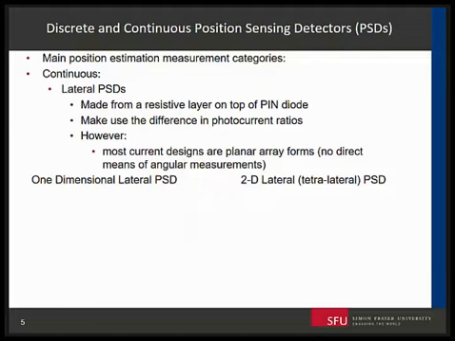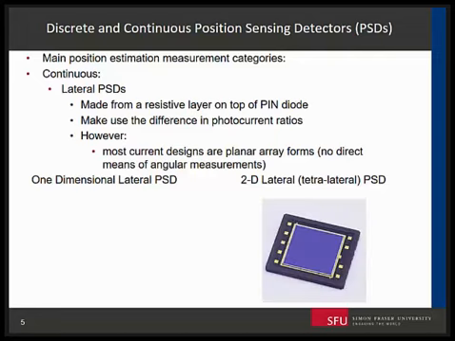Now, both of these methods, both the continuous and discrete, in their current state are optimized for array architecture. In other words, you have array architecture designs to sense lateral changes in the position of your source of radiation, but we haven't come across anything that enables you to detect the angle of incidence at the same time.